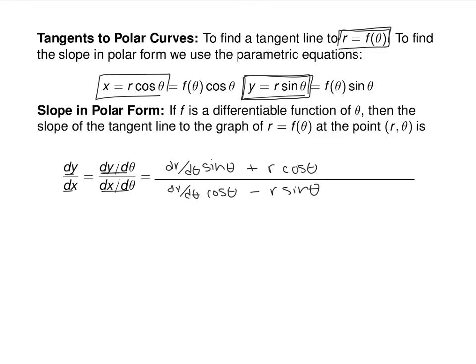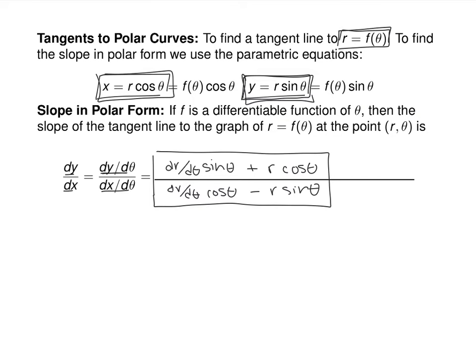It is probably far better to remember how you get this formula, that is by taking the derivative of the parameterization, as opposed to just trying to memorize it blindly. Personally, I have to write down x equals r cosine theta, y equals r sine theta every single time, and then just do derivatives using this formula. For each situation, the function r equals f of theta will be different.